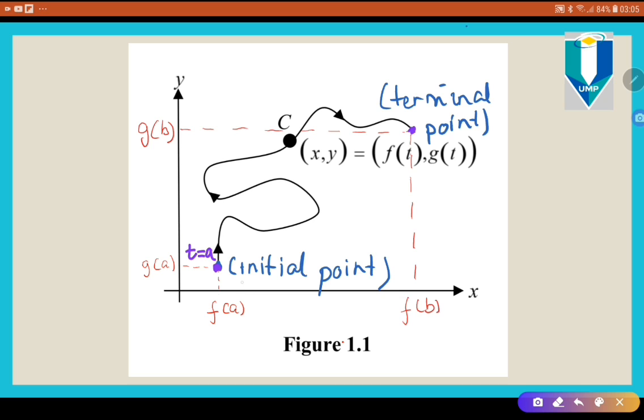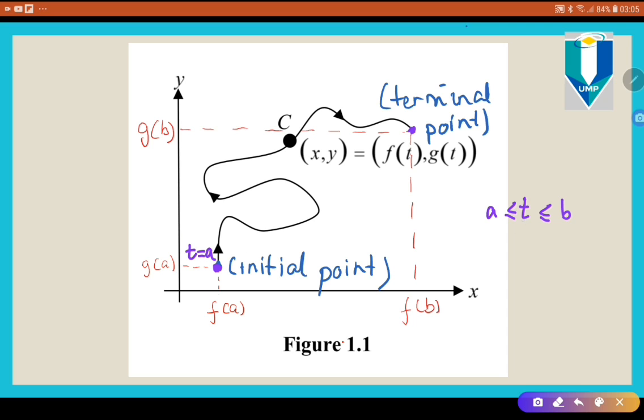So initially it is at the point f(a), g(a). So this point is called the initial point. Please take note, t here is from a to b. So the point here is at the time t equals a.